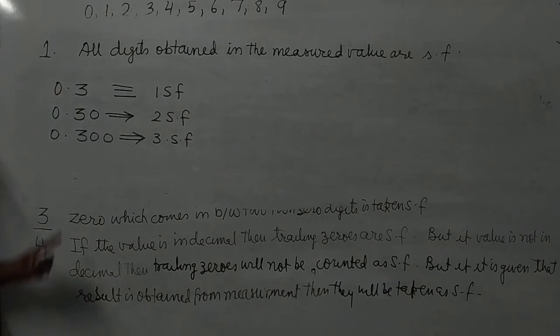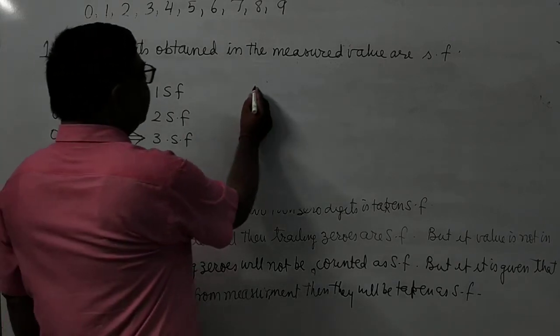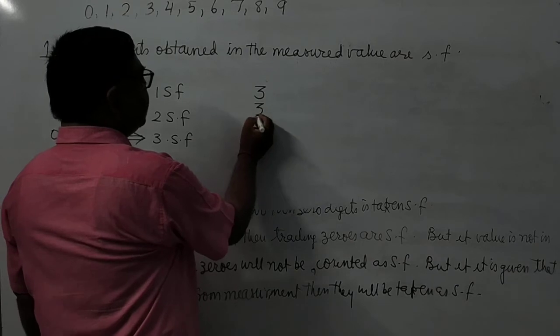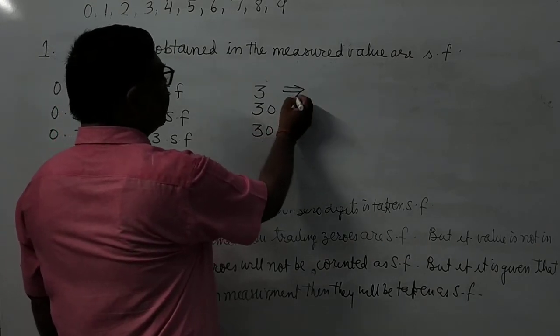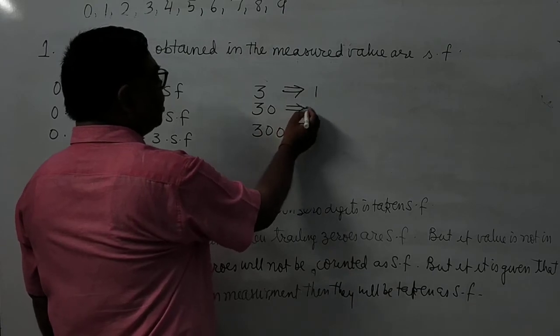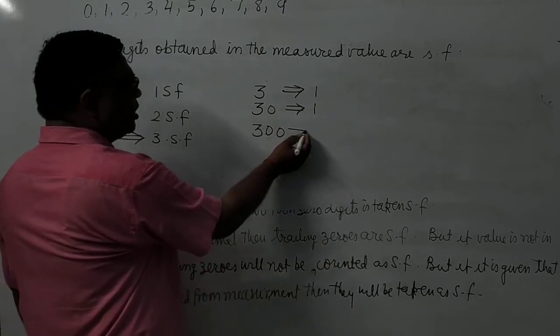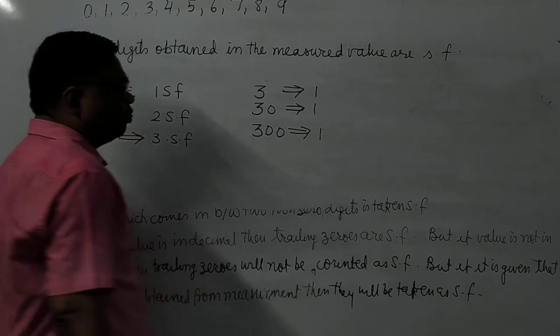It's clear? Here these are the trailing zeros, right at the end. But suppose it is given 3, 30, 300. There are how many significant figures? 1. Here also 1. Here these are the trailing zeros. This is also 1.